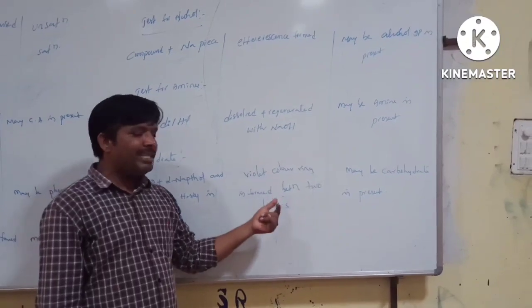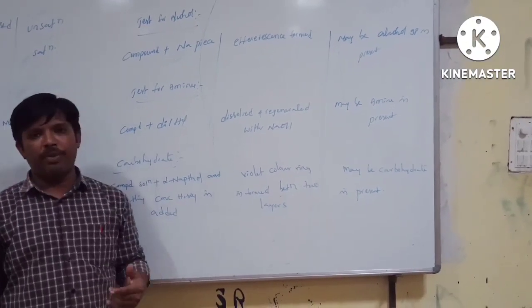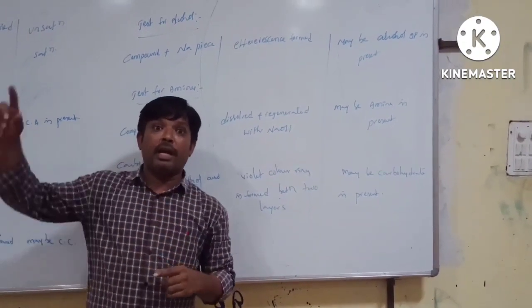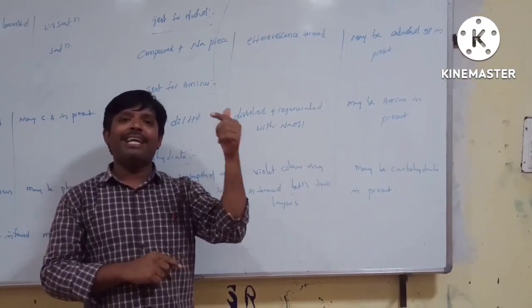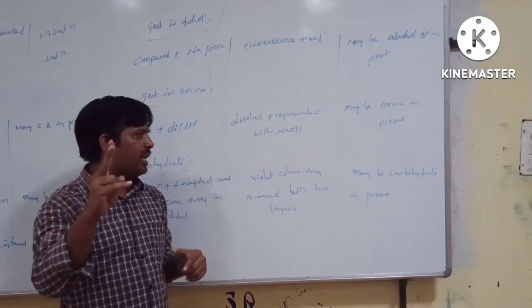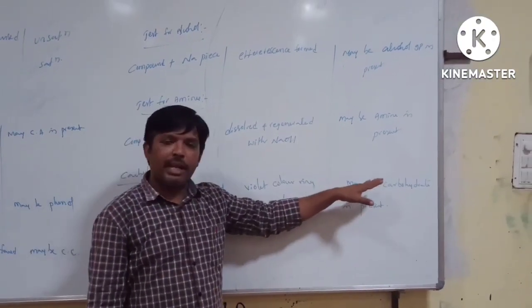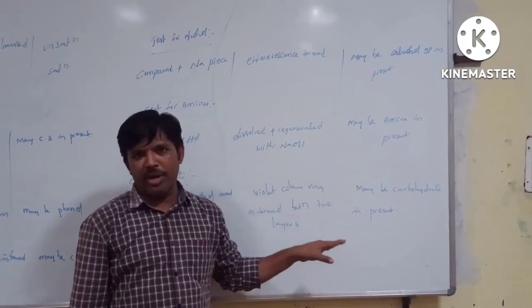A violet colored ring is formed, just like the brown ring in the nitrate test, here also a violet color ring is formed between the two layers. Maybe carbohydrate is present.